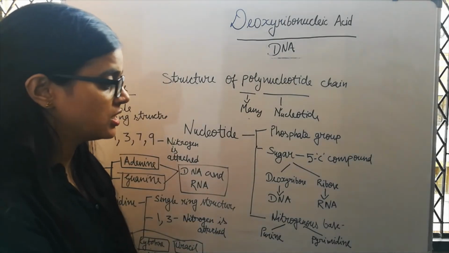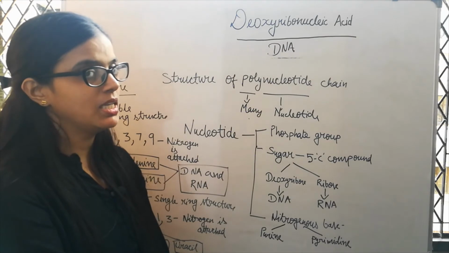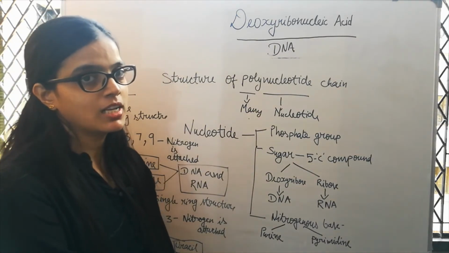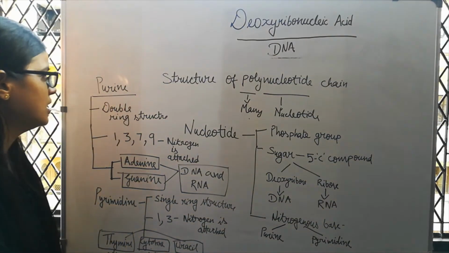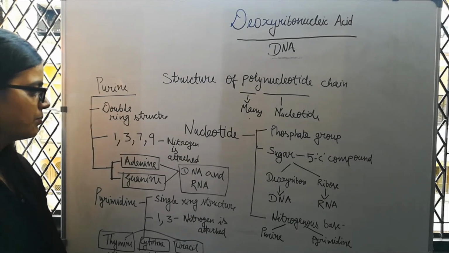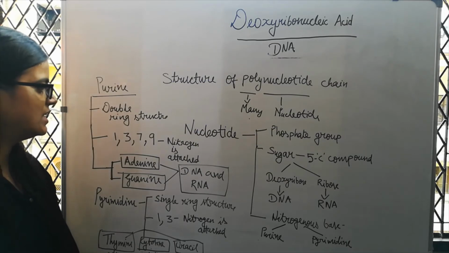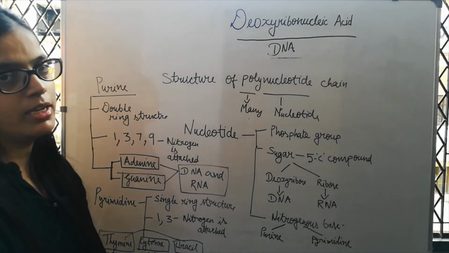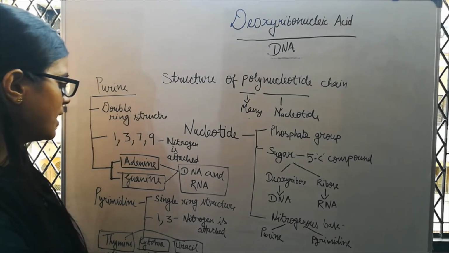Nitrogenous base is of 2 types, purine and pyrimidine. Purine is a double ring structure, with nitrogen at positions 1, 3, 7 and 9. Adenine and guanine are present in both DNA and RNA.